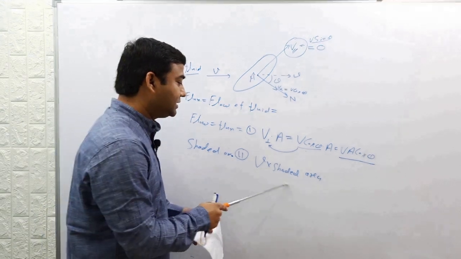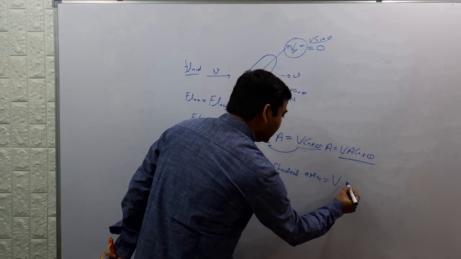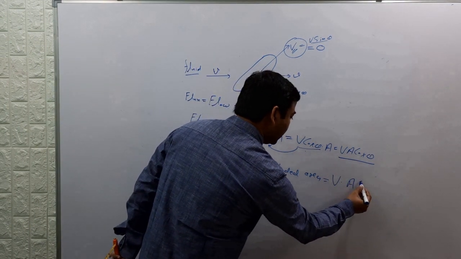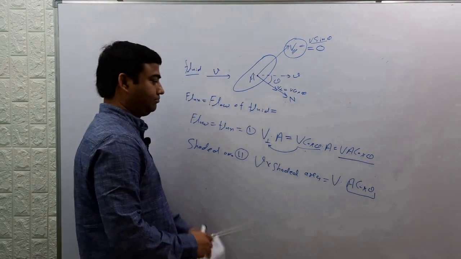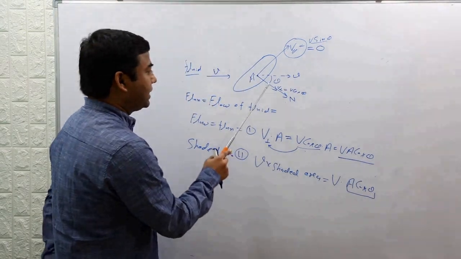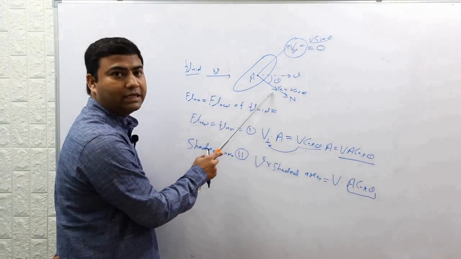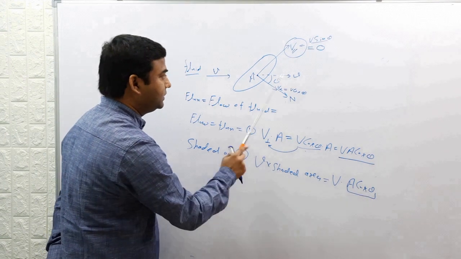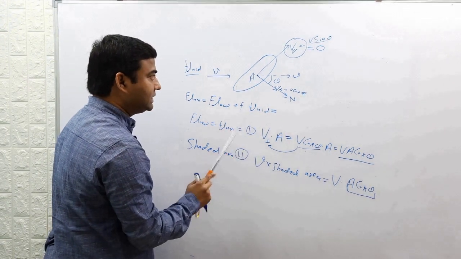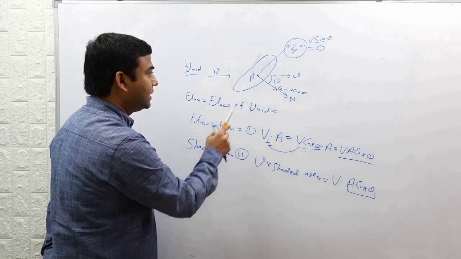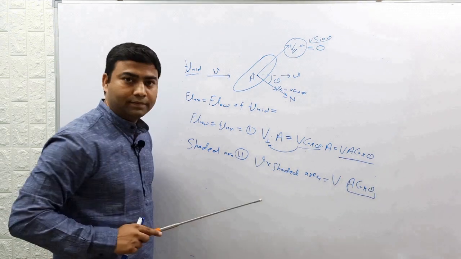Shaded area is always equal to A cos theta, where theta is the angle between v and the perpendicular to this area.